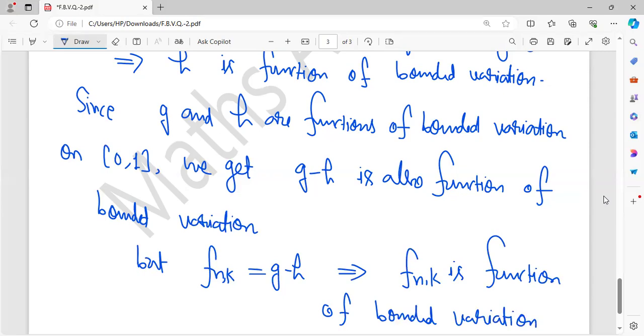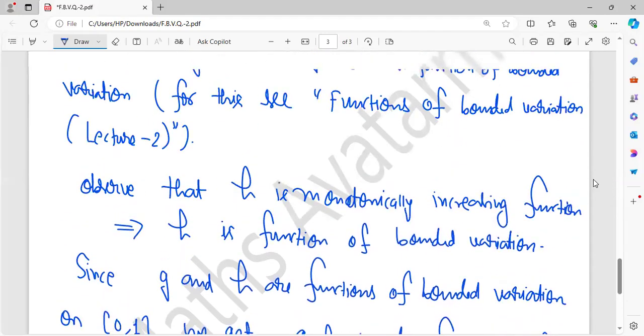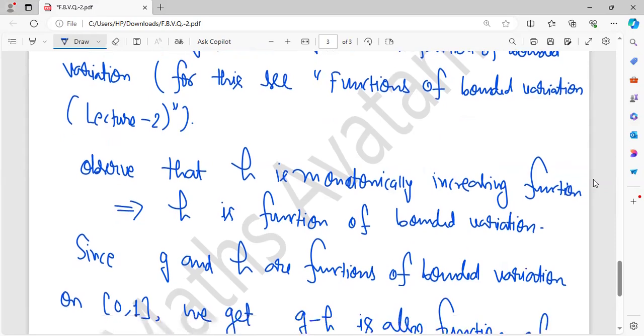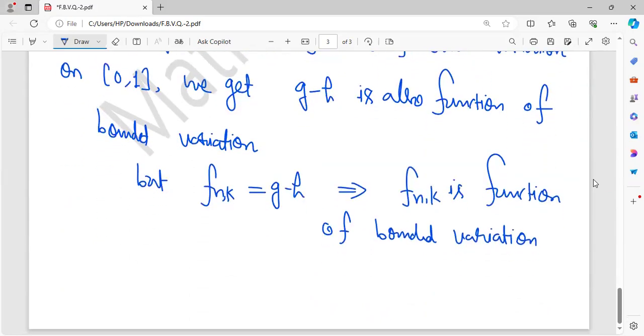When g is a function of bounded variation, if n is greater than or equal to 2. And what is the condition for h? You take any k non-negative, h is a function of bounded variation because it is a monotonically increasing function. So what is the condition? You join the condition of g for being of bounded variation, and the condition of h for being a function of bounded variation.